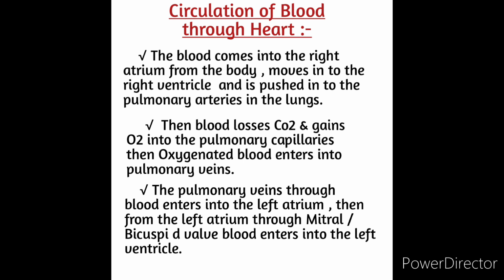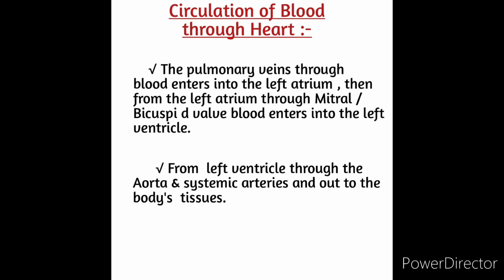Okay friends, the third point is that through the pulmonary veins, blood enters into the left atrium, then from the left atrium through the mitral or bicuspid valve, the blood enters into the left ventricle. That means deoxygenated blood is purified in the lungs.